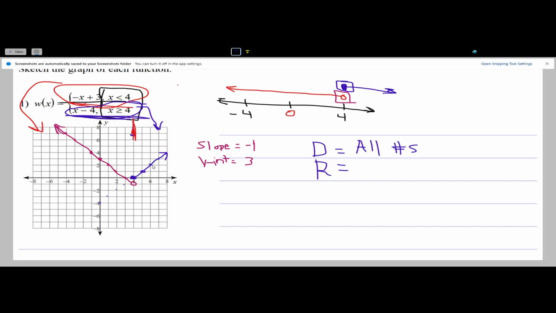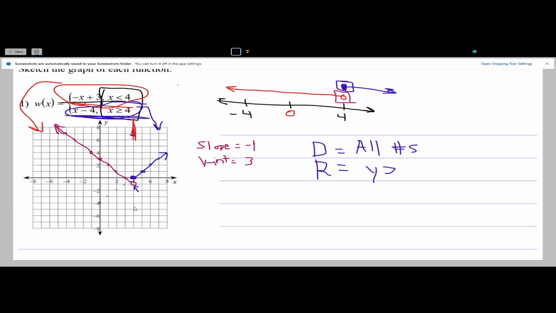We notice that these are going upwards, and they go upwards forever, so we know everything above this is going to be included. So we can say that y, which is my range, has to be greater than. Now, I would normally say greater than or equal to, but this dot is hollow, so technically it won't reach that point. If it won't reach it from there, it won't reach it from there, but we can go a slight bit back, and we're basically already into it there.